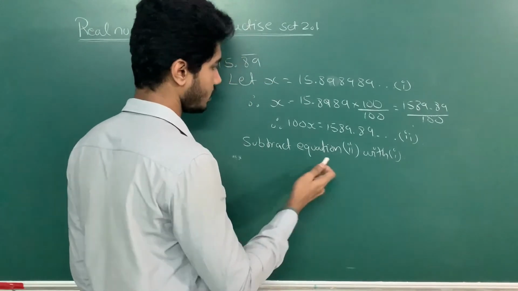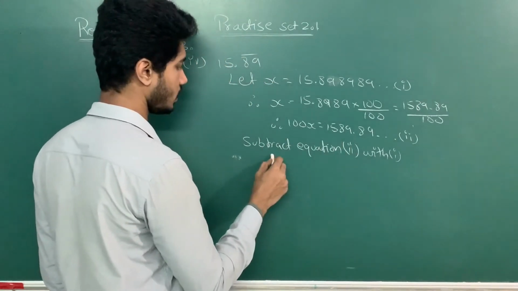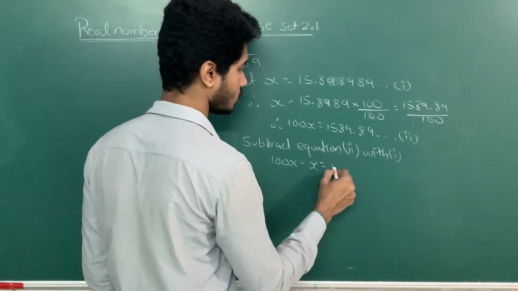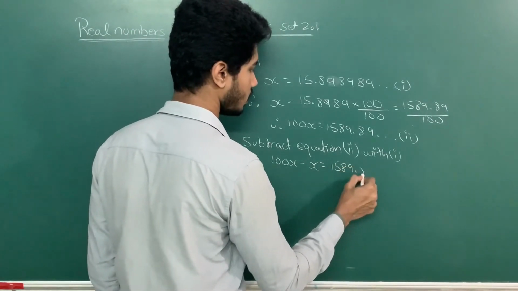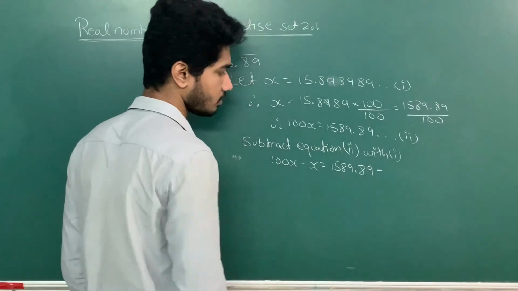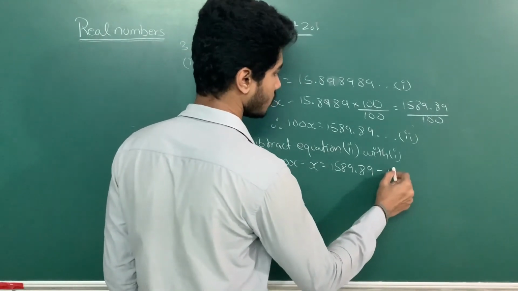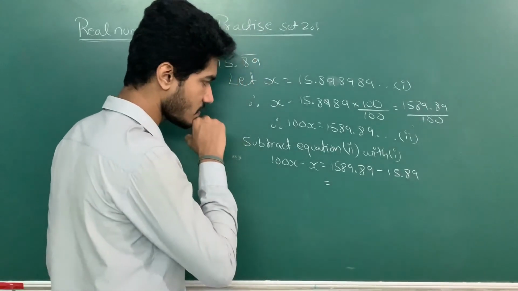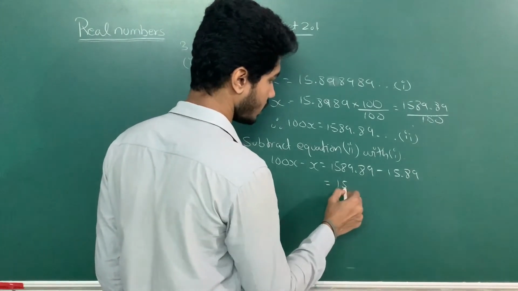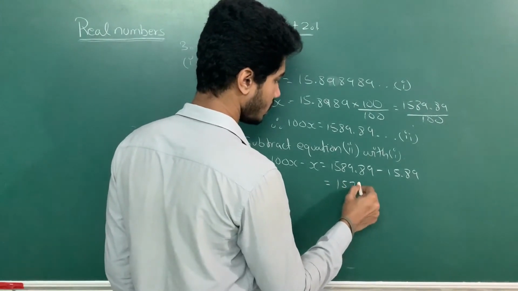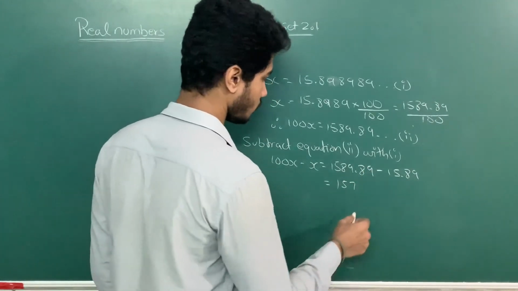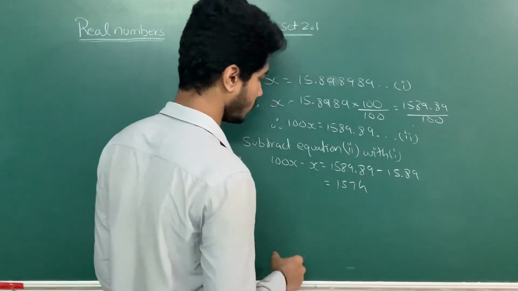So you subtract equation 2 and 1, you get 100x minus x is equal to 1589.89 minus 15.89, which you get as 1574.